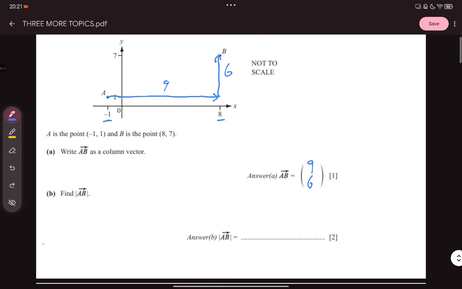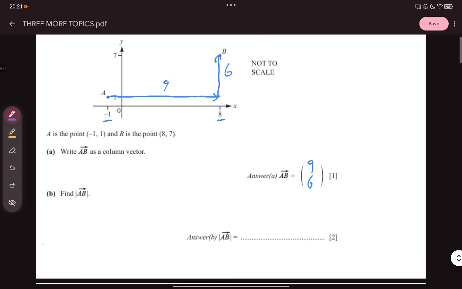And again, in this question, they haven't got the word magnitude in there, but we do recognize this is a magnitude of the vector question, magnitude of AB. Well, even if you get part A wrong here, you can still get the follow-through marks by doing the calculation correctly for your numbers.